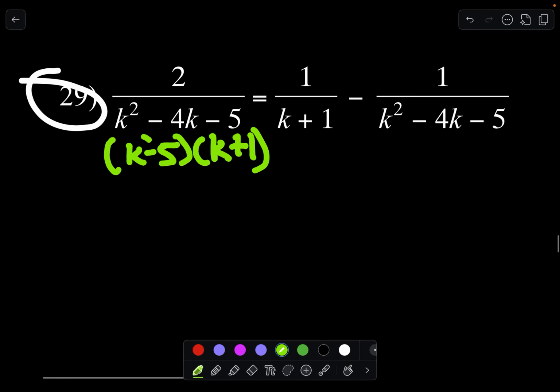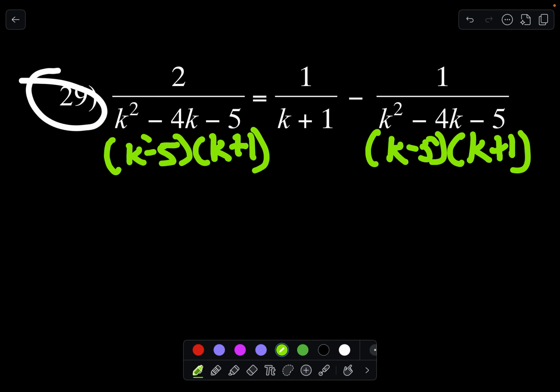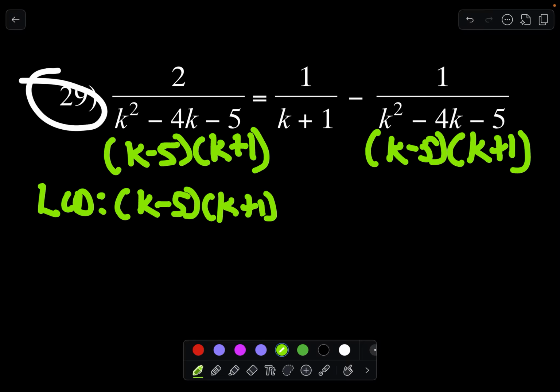This is the same thing as that, so this is k minus 5, k plus 1. So our LCD looks to be k minus 5, k plus 1. I wrote x like a silly boy, it's k.